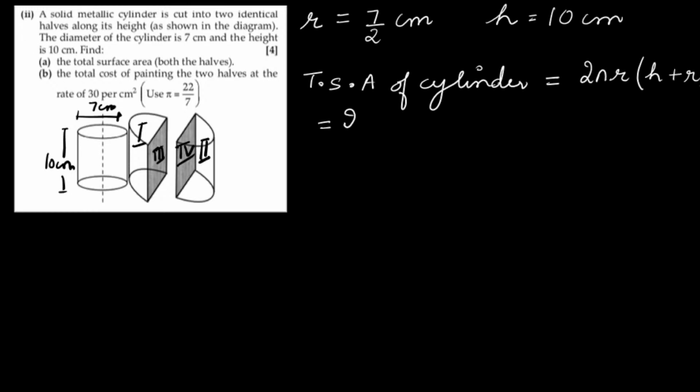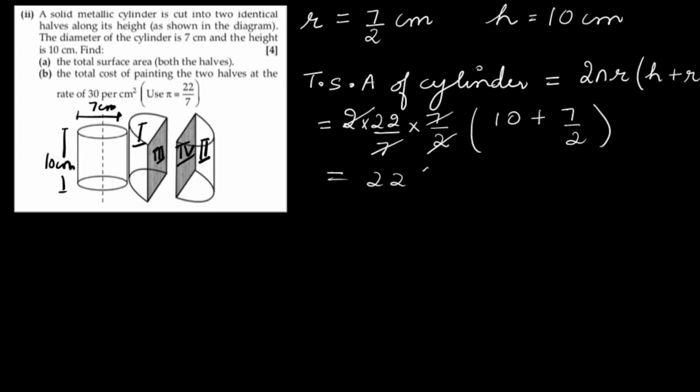So 2 into 22 by 7, into radius, which I am writing as 7 by 2, into height, which is 10, plus radius, 7 by 2. Here 2 and 2 will get cancelled, 7 and 7 will get cancelled.